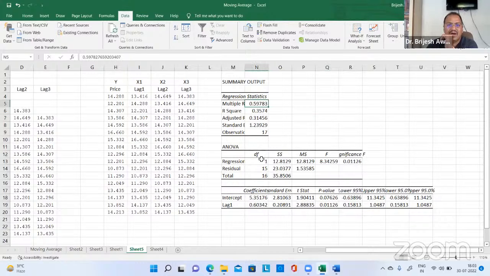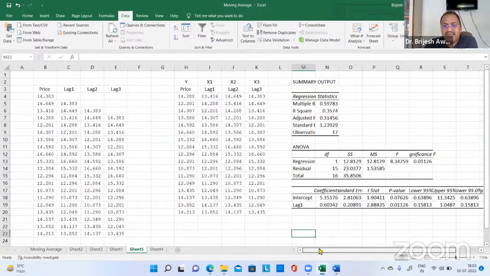The value of R is down, R square is also less. But it is significant now. ANOVA is significant and the p-value is okay. I'm just going to explain how you can deal with it, and later on we will use another example for it.